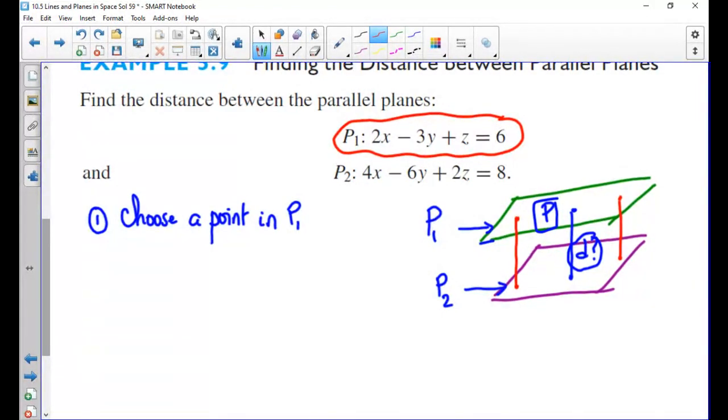I know the equation of the plane: 2x minus 3y plus z is equal to 6. So what do I need to choose here? You remember before I chose x, I found y, yeah? Here, what do I need to do?